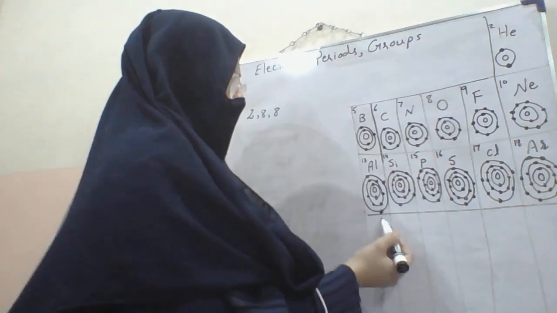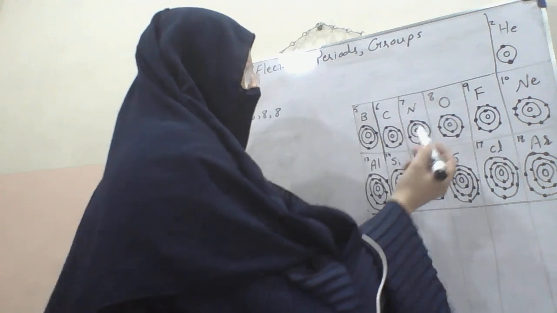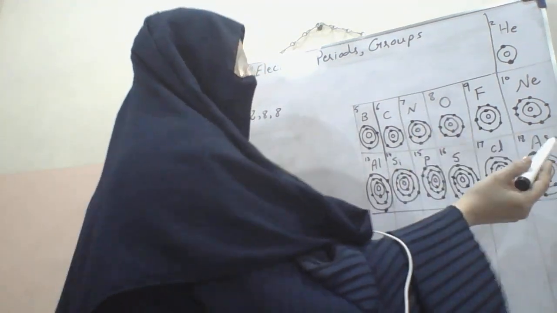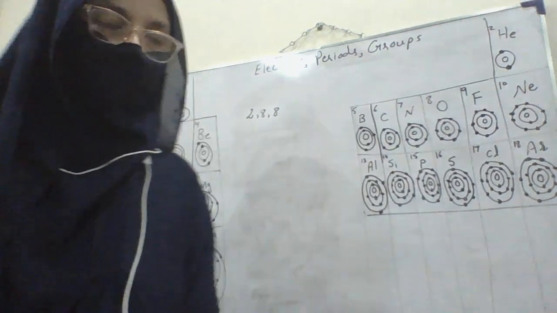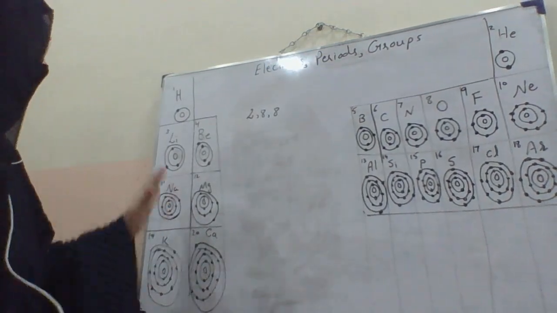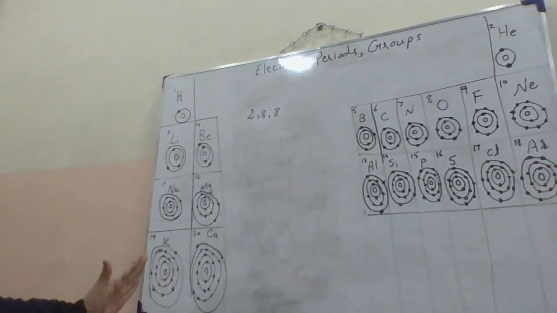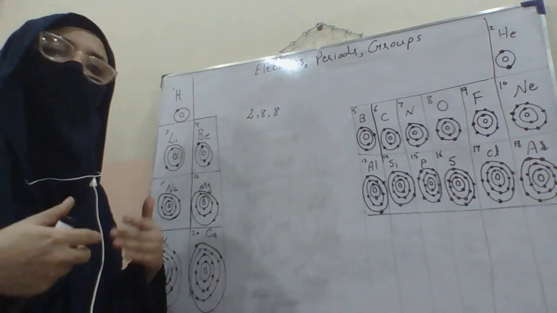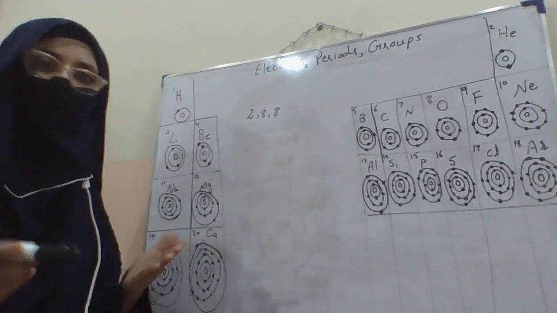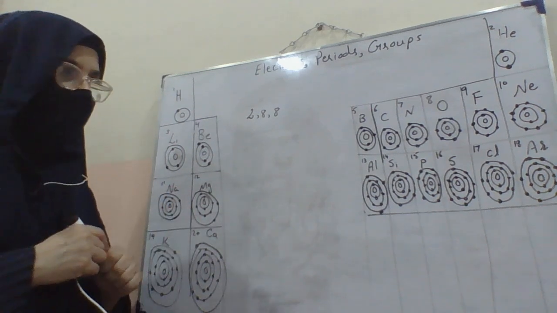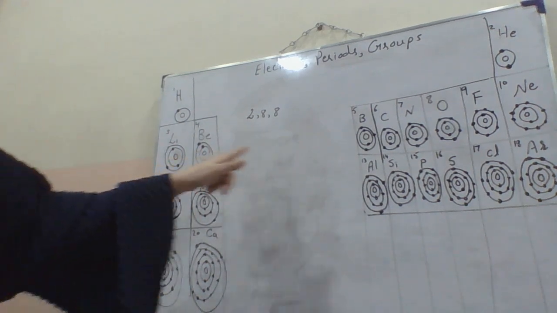Third group 3 electrons, fourth group 4, and so on up to group 8. So the group number tells us the number of valence electrons, meaning the number of electrons in the outermost shell.